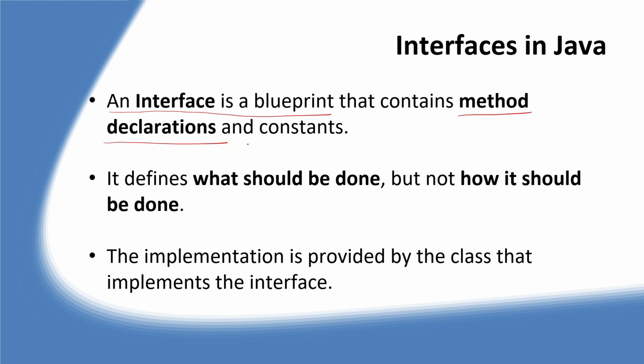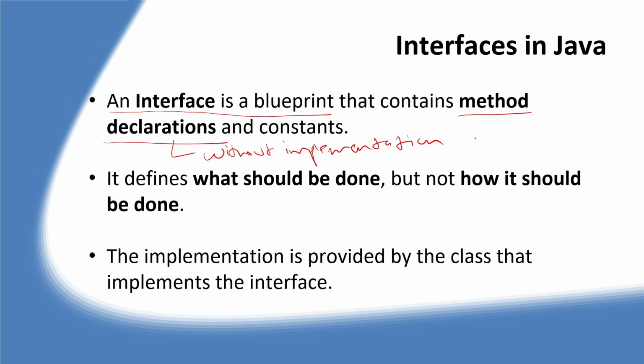I hope by now you are aware of what method declarations are. Method declaration means we will not have a definition, or in other words, declaration means without implementation. We'll have only method declaration. I will give you one example.